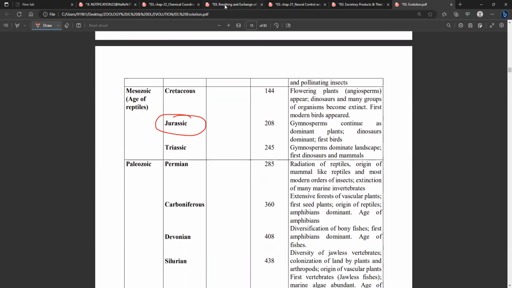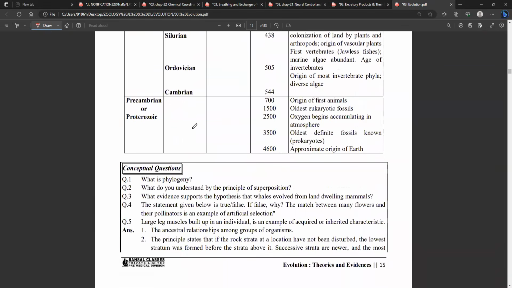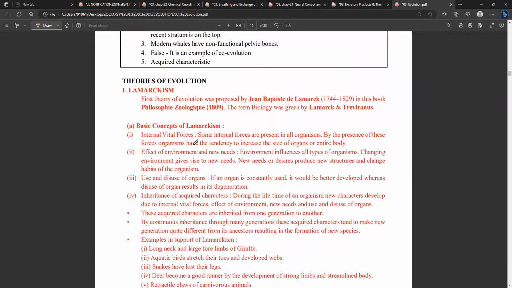Jurassic. Which is the golden era of the amphibians, meaning in which phase amphibians were dominant? Devonian. They can also ask a simple question: in which period did angiosperms appear? Cretaceous. So you have to read the geological time scale very elaborately. I will explain it thoroughly, don't worry.